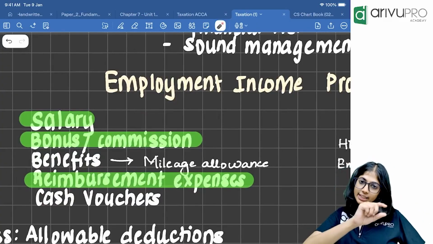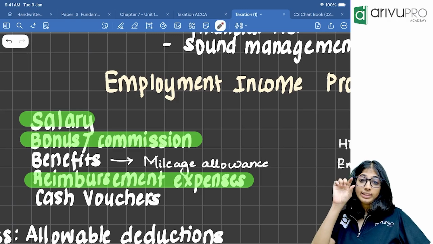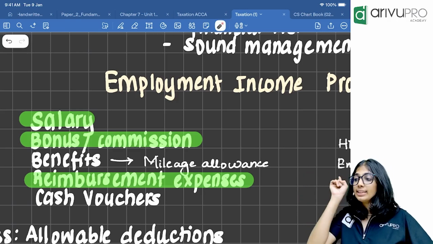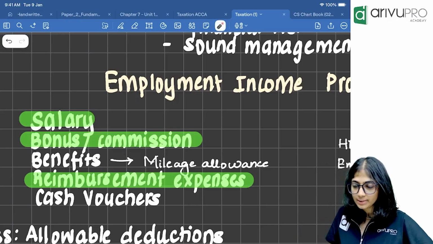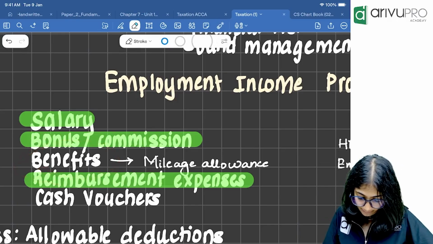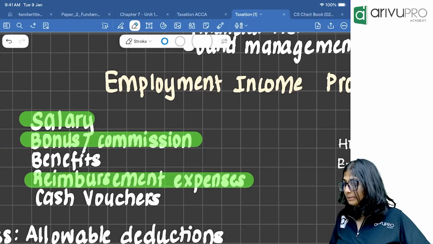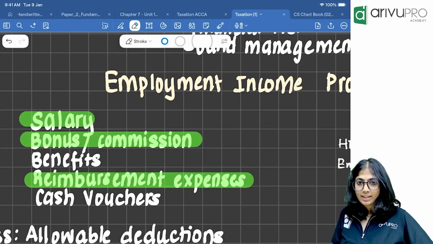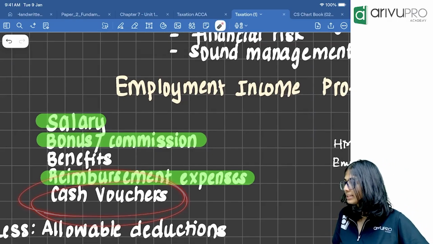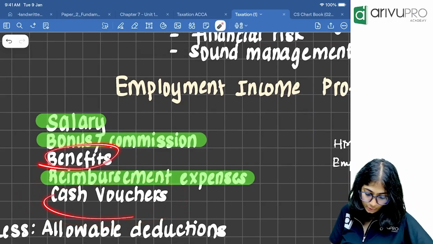So in the question, when they give a certain benefit, you need to recognize whether this is taxable or not taxable, whether it will come here or whether it won't. You need to just remember that. We will look at each of these items in detail, and then we'll look at cash vouchers. Again, not much to remember in cash vouchers.